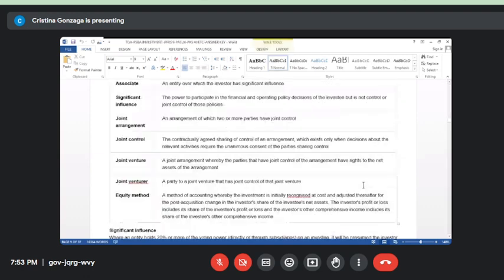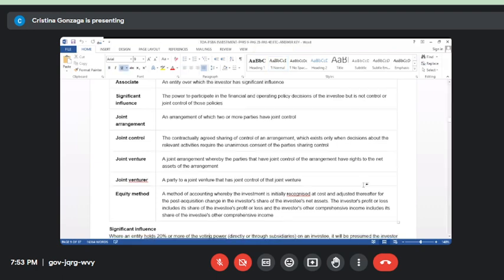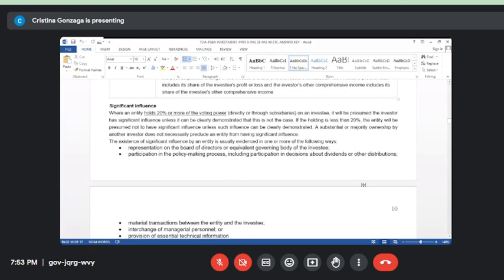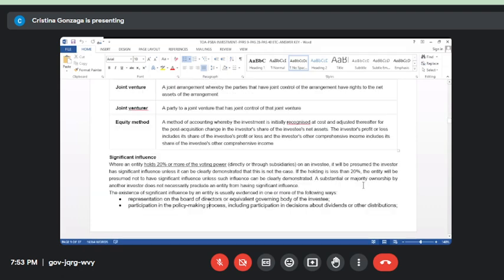Ngayon, investment in joint venture as well as investment in associates makes use of equity method. What is equity method? It is a method of accounting whereby the investment is initially recognized at cost and adjusted thereafter for the post-acquisition change in the investor's share of the investee's net asset.